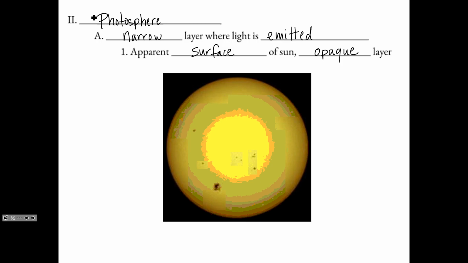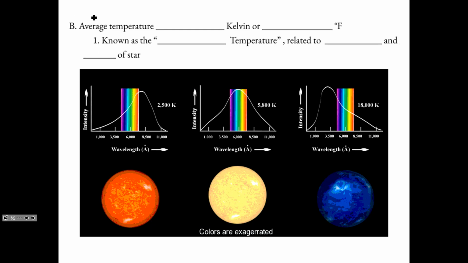All right, so the photosphere is pretty hot. It's not the hottest part of the sun, but it has an average temperature of 5,770 degrees Kelvin. Kelvin is a temperature scale that we often use in science. We use it because in Kelvin units, 0 is 0. There's nothing below 0.